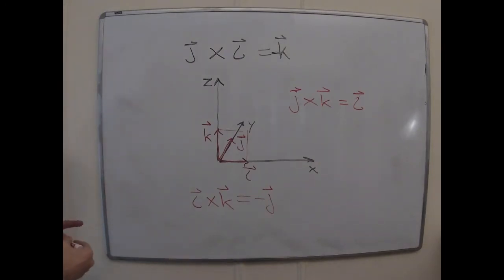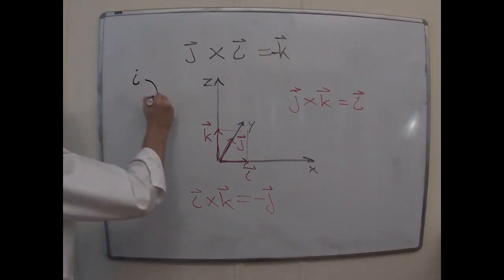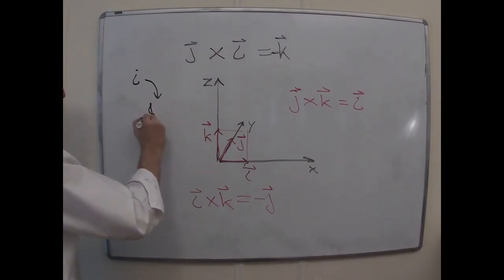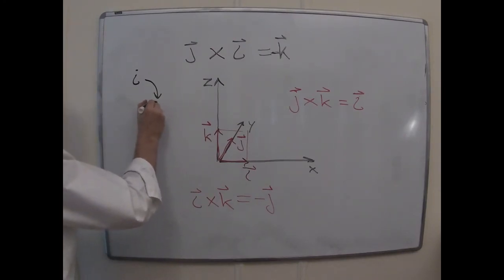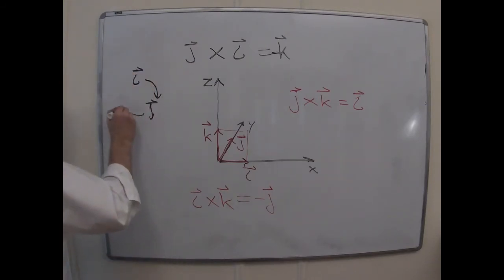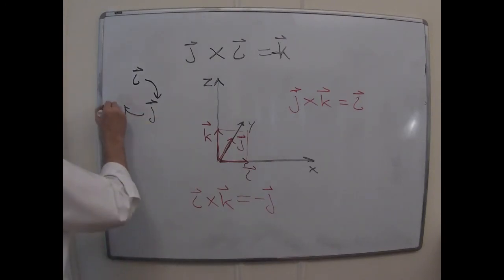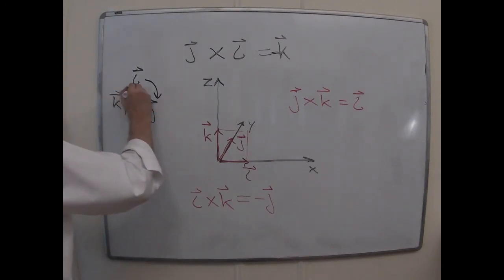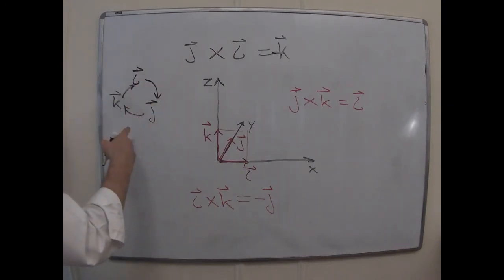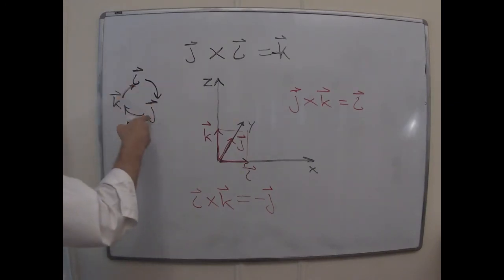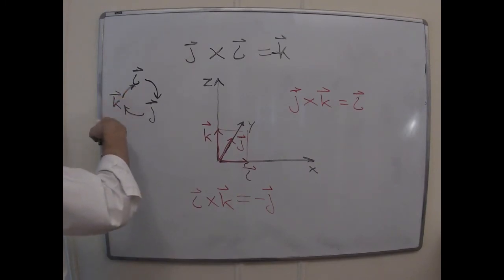I actually tend to remember this by the same diagram people use for quaternions, except it has cross products in it. If you have i cross j, whoops, that is just the worst j. I've got to start over. i cross j gives you k, k cross i gives you j, j cross k is i.